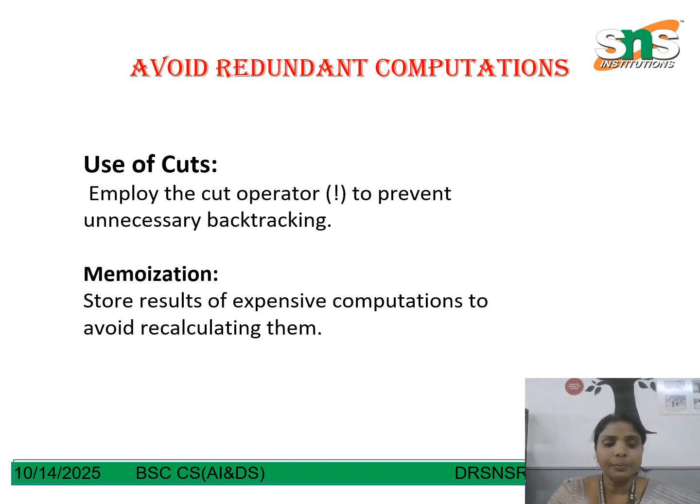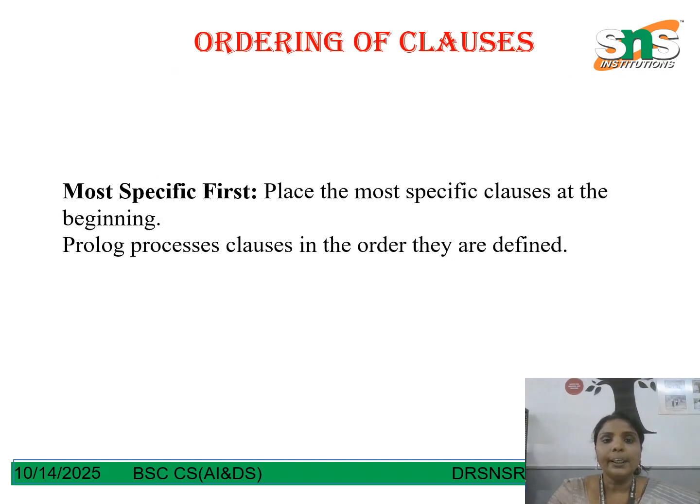Additionally, we use the cut operator to prevent unnecessary backtracking. By reducing redundant computation, we improve the program's speed, efficiency and clarity, ensuring the Prolog logical search process is more focused and effective.